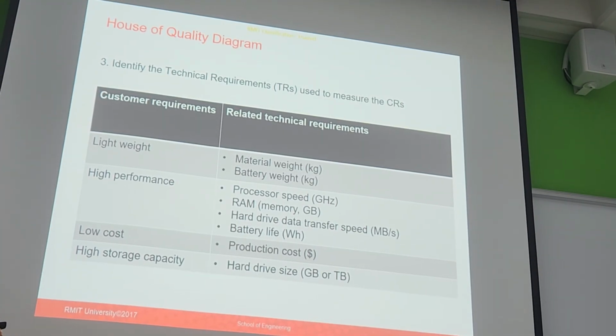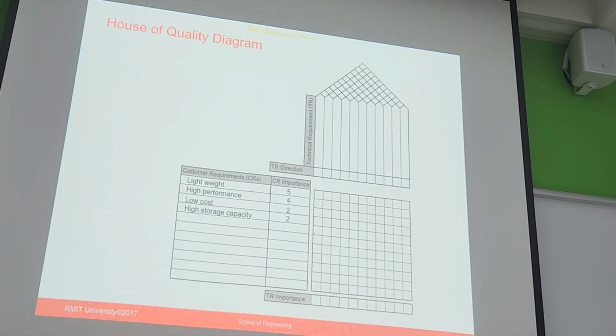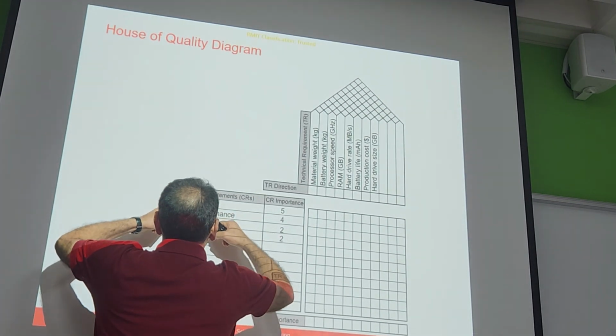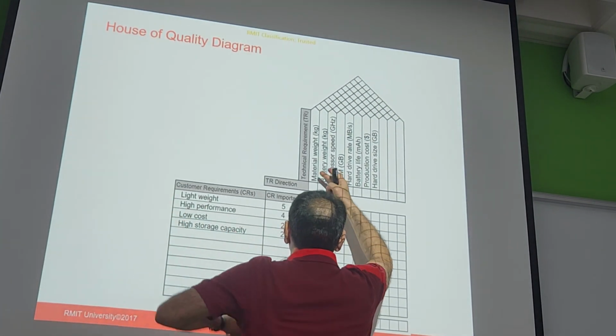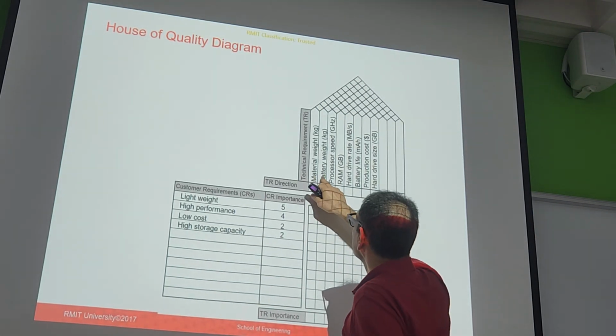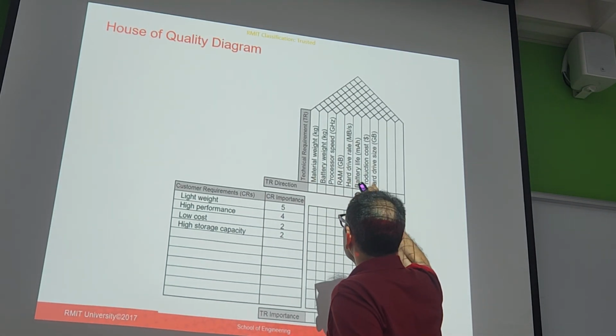You can see 1, 2, 3, 4 customer requirements, but as a technical person, we converted to 1, 2, 3, 4, 5, 6, 7, 8.